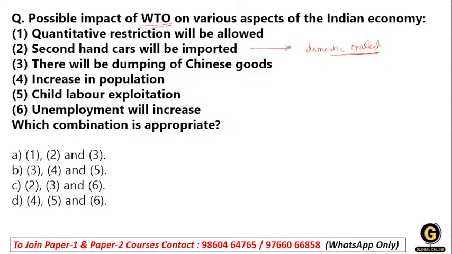Now the next one: there will be dumping of Chinese goods. Trade openness under the WTO can lead to dumping, and unemployment will increase due to this.